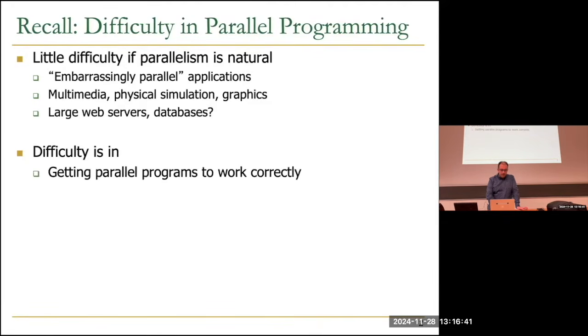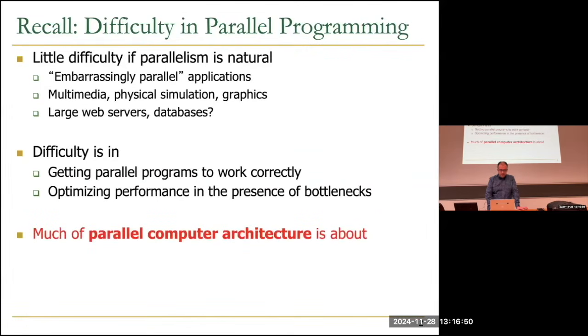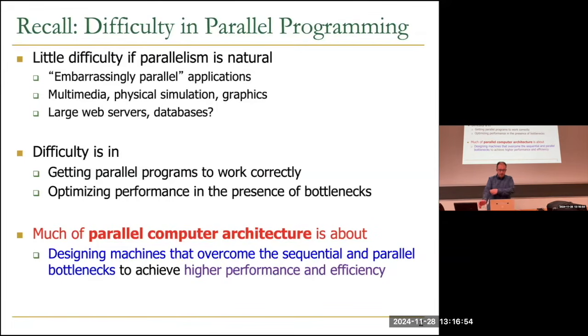But we have difficulties in making parallel programs work correctly, and when we want to optimize performance in the presence of bottlenecks. And in the end, much of parallel computer architecture is about designing machines that overcome the sequential and parallel bottlenecks to achieve higher performance and efficiency, which we have discussed a lot last week, with bottleneck acceleration, for example.